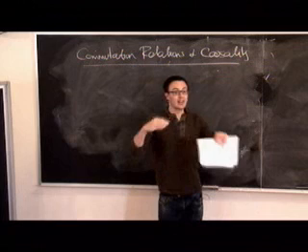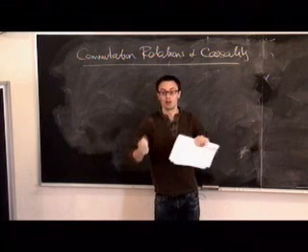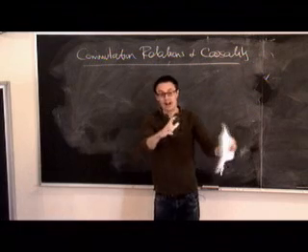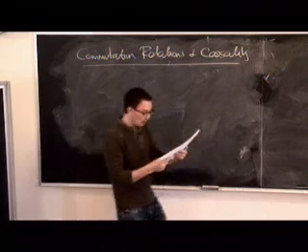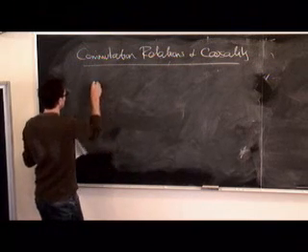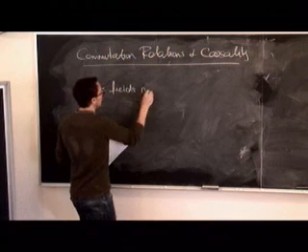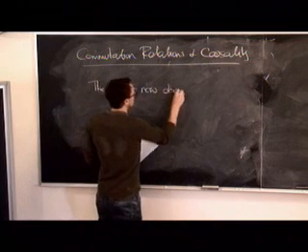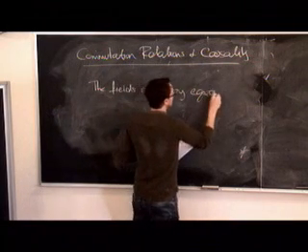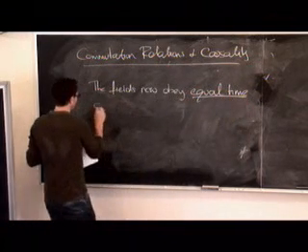Well, we could always pick a time where the Heisenberg picture and the Schrodinger picture agree. And so we can carry over the commutation relations at a fixed time. So the fields now obey equal time commutation relations.